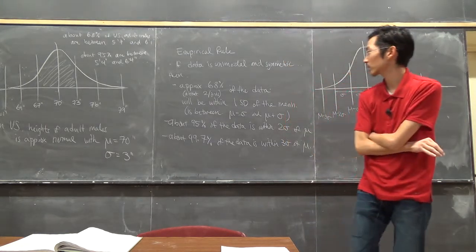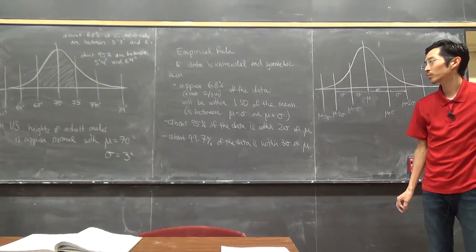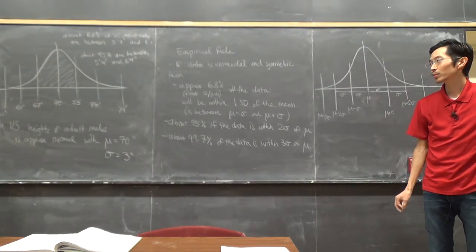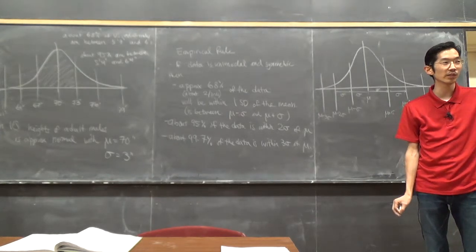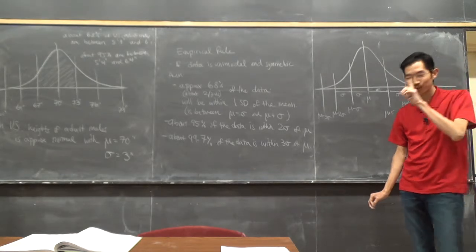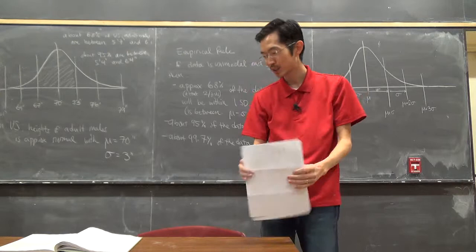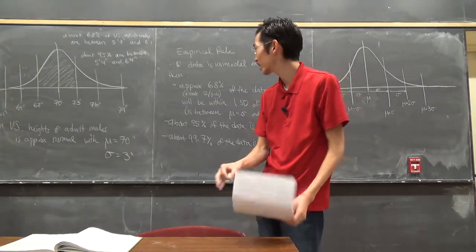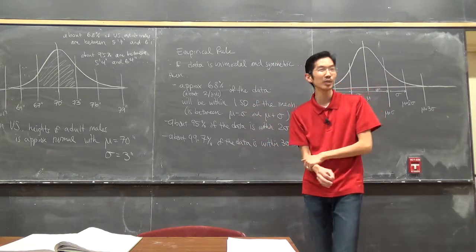Based on what we understand about the empirical rule, try to come up with a number for approximately what percentage of U.S. adult males are shorter than 67 inches or 5'7". Okay, we'll give a moment for the rest of the class to figure this out. Do we kind of have a number in mind? What do we think?